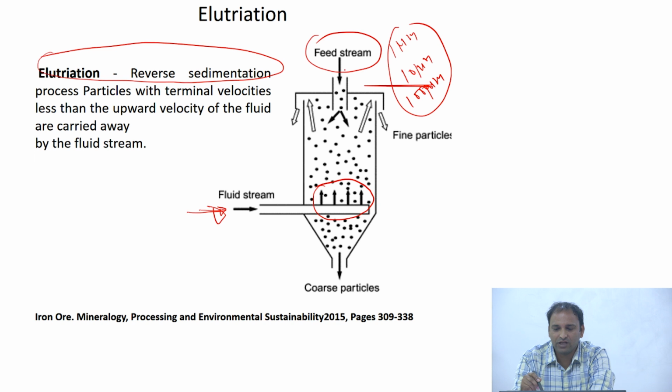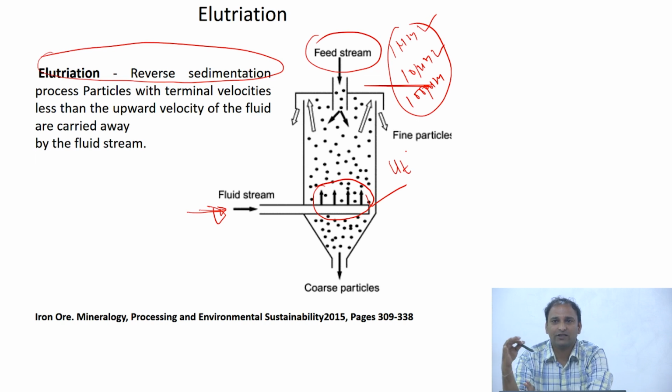Now, these particles are going to come down because of gravity. What I can do is manipulate the fluid stream velocity to maintain a particular value. For example, say I have a 1 micrometer particle and a 10 micrometer particle. I can calculate their settling velocities under gravity.